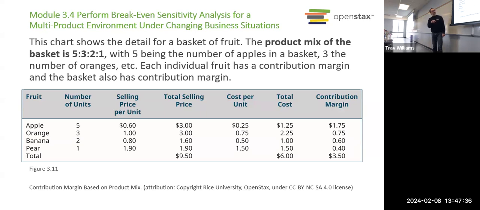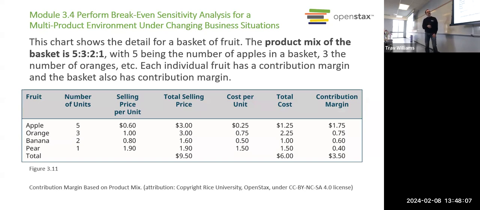Do the same thing, 3 oranges at $1 each, 2 bananas, 1 pear. Add up the total prices here for each individual product that's in the basket to get a total price for the whole basket. Don't worry about the cost of the basket itself. Let's just say that's minimal in this case. So in other words, they're going to charge $9.50 for this particular assortment of products, right?